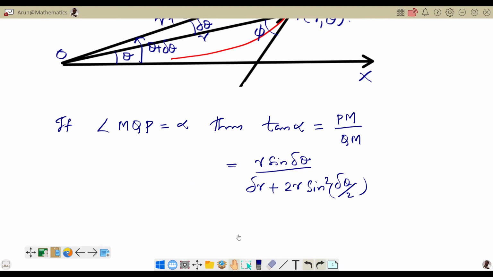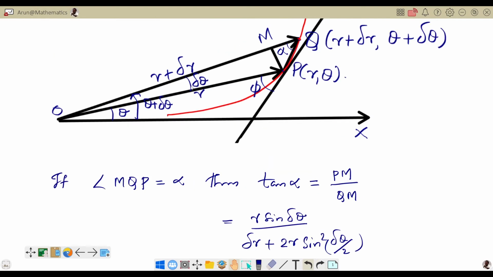From the figure you can see that as Q tends to P, delta theta will tend to 0. So the chord PQ will become the tangent, and alpha will tend to phi. Alpha will become the angle between the radius vector and the tangent that we have to find.